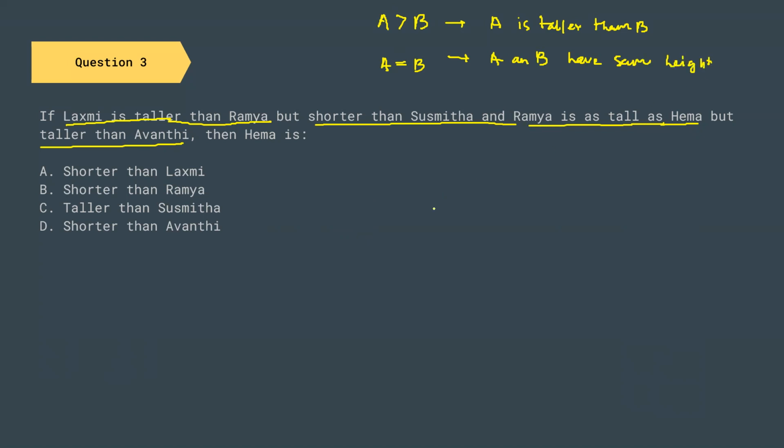Now, let us start looking into the first information given. They're saying that Lakshmi is taller than Ramya. So what I can write is Lakshmi, I can write below here.